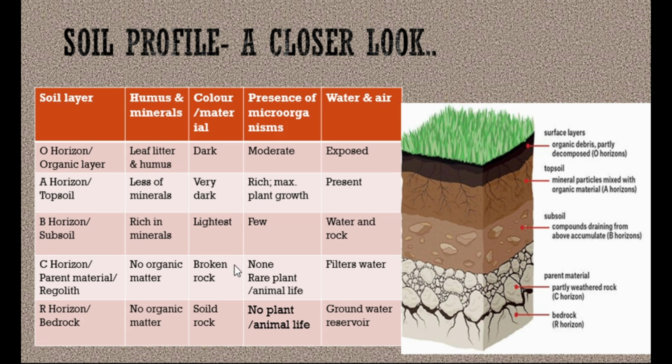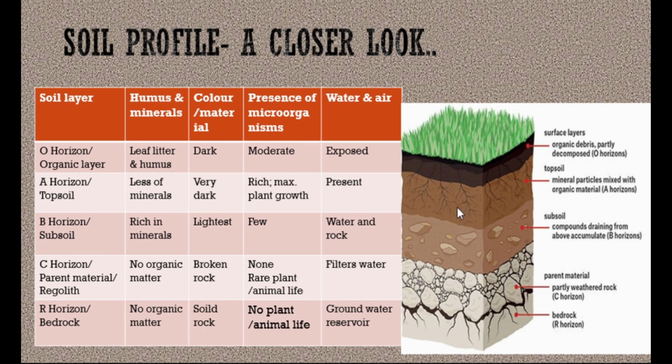Beneath the subsoil, we find a layer which is called by the name C horizon or parent material or regolith. This layer has no organic matter at all. It is made up of broken rock. Therefore, it has no plant or animal life present in it at all.